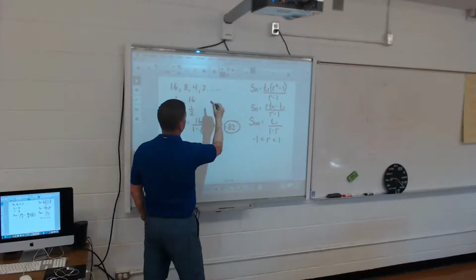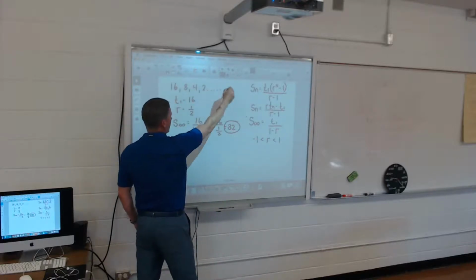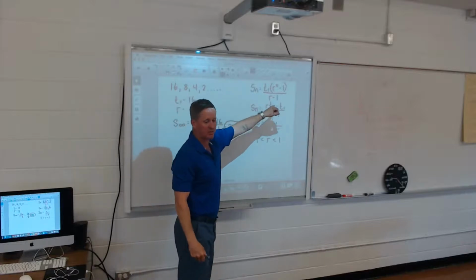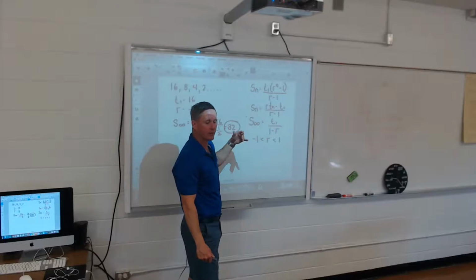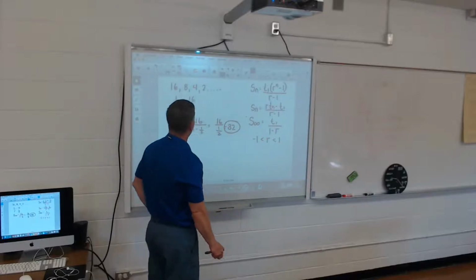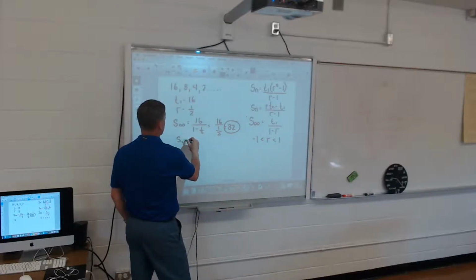So the sum of all of these values, as they keep getting smaller and smaller, is going to get closer and closer to 32, but never really get there. Have a look right now. S1 is 16. S2, using that, is 24.